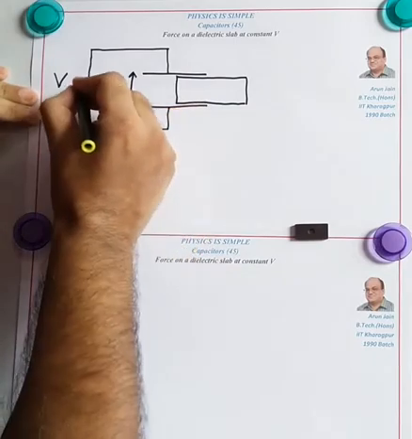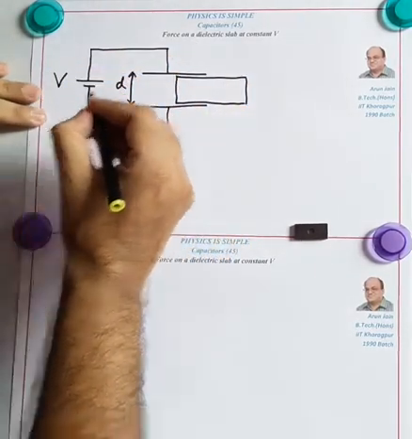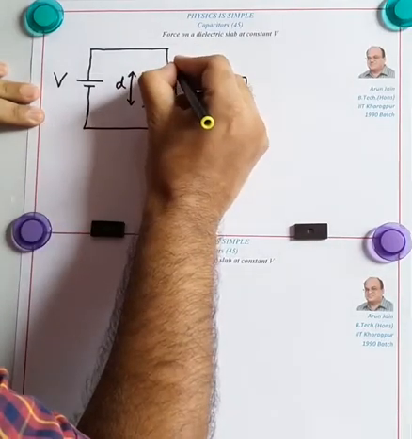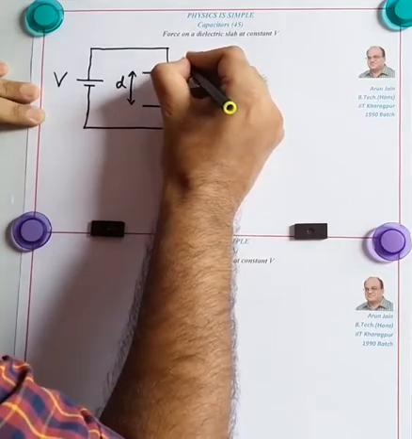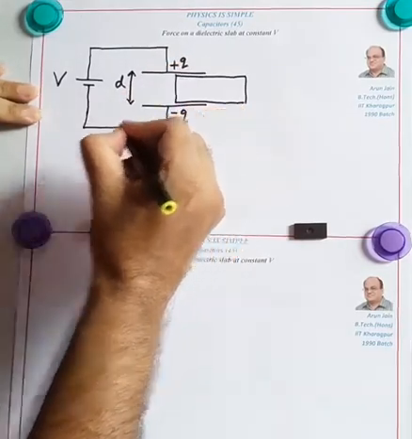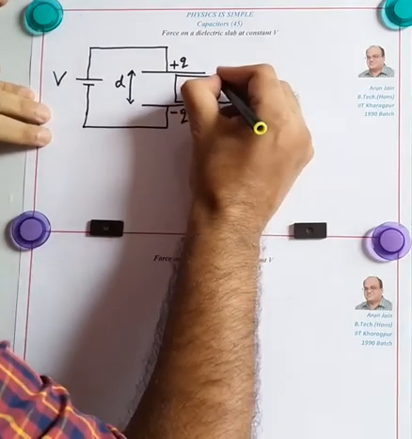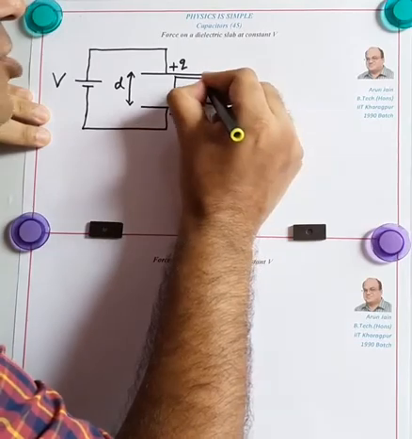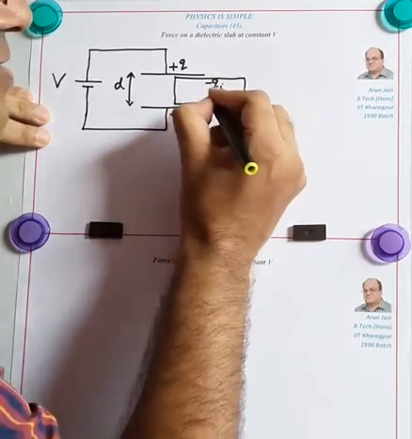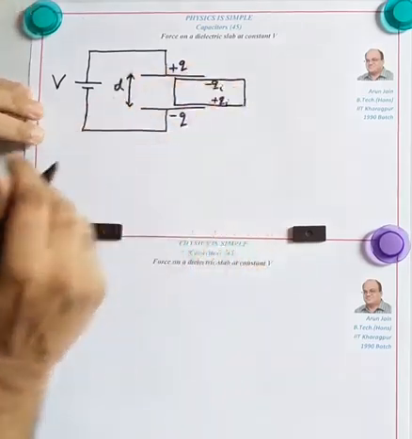Because this capacitor is connected to a battery, this plate will get plus charge, this plate will get minus charge, so plus Q here, minus Q here. Because of induction, some charge will get induced here, minus charge on the dielectric and a plus charge here on the dielectric.